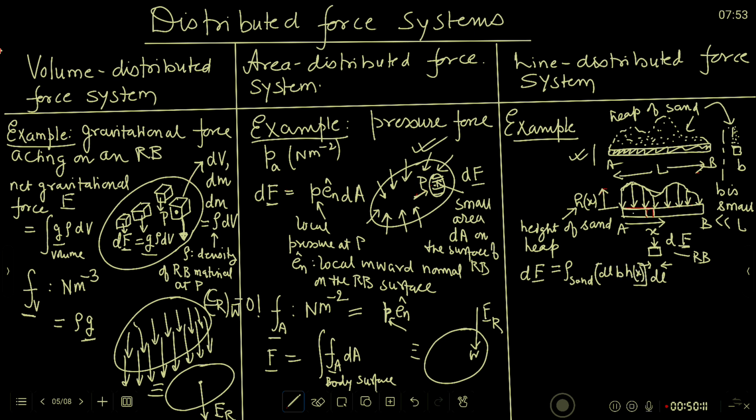This is the volume of sand. dl times B h(x) times rho of sand. That makes the total mass of the sand, multiplied by g. I am keeping the vector sign on both sides. This is a point force that is acting on this dl length of this RB located at x.